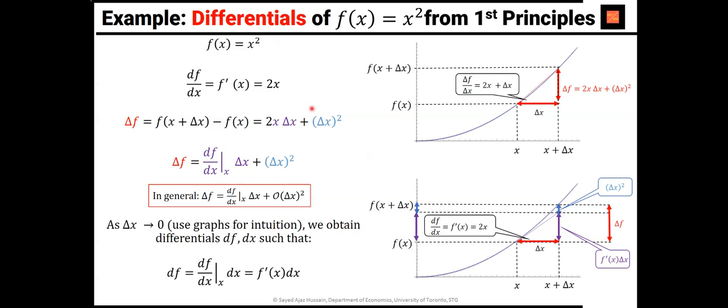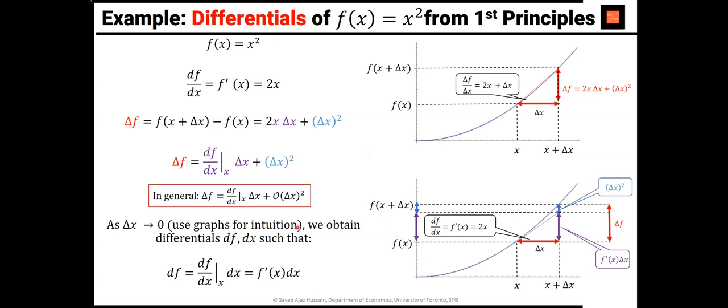The second part is the terms in delta x squared. It's very common in mathematics to denote something like this. This is simply saying that in general, if you take any function, not just x squared, the total change in the function because of a change in x, delta x, is always going to be equal to the derivative times delta x, which you can see included right here, plus terms that are in delta x squared or higher.